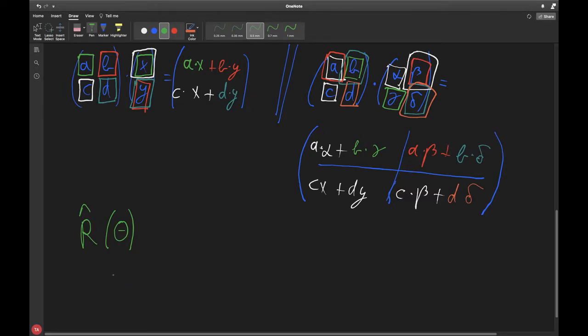If I had a point, let's say at the 1 point, denoted like that, and I act on it with this R operator, it will move it with that angle.